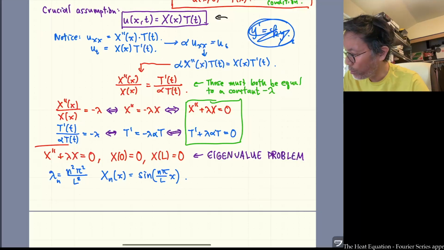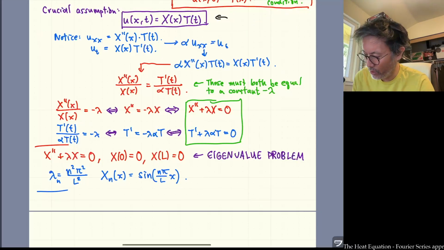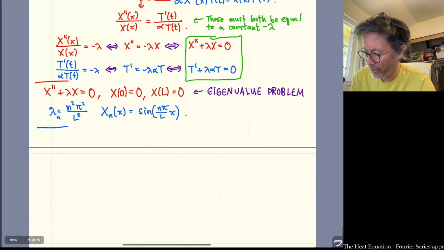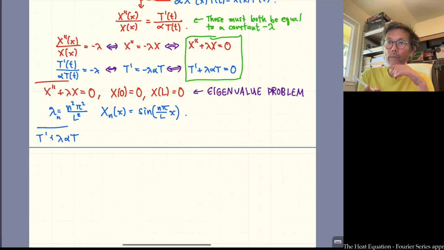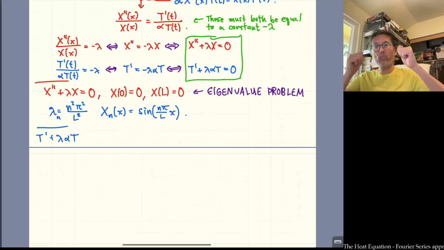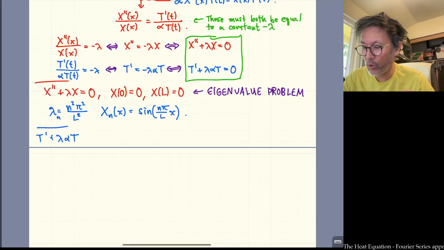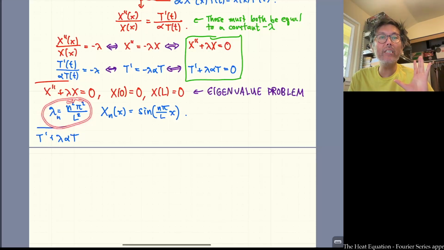So if we think about the solution to the second equation, T prime plus lambda alpha T, now remember, lambda is now prescribed. There's only a discrete set of values that lambda can take. Lambda can only be something like n squared pi squared over L squared, where n is an integer, please. n is like 1, 2, 3, 4, 5, etc. A positive integer, all right?